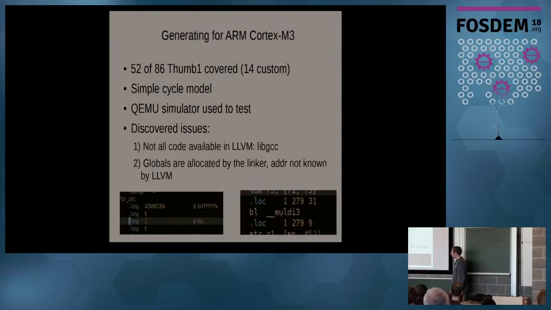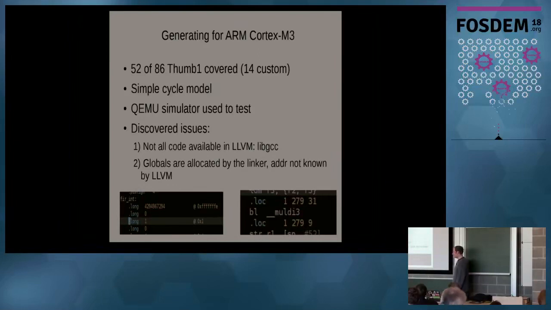Furthermore, there are two things that I discovered that are a good reason not to do this project again, so another reason why I'm here. I made the assumption at the very beginning that all the code you compile is available in LLVM, and for each instruction you know the semantic meaning, and you can obtain this from LLVM. Well, this is not true, because what happens if you have a processor that does not, for example, have floating point instructions?